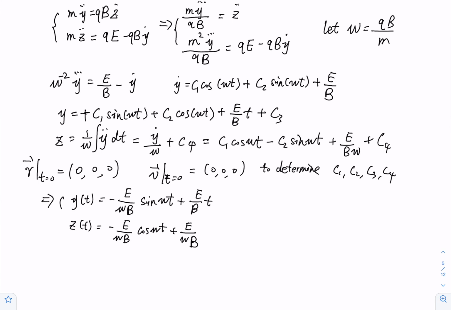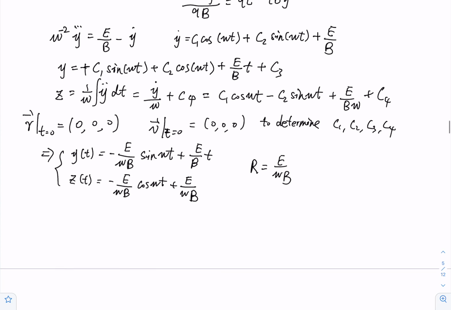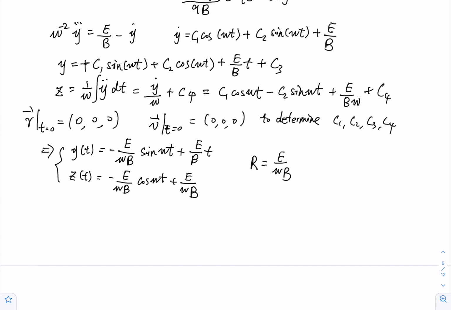So now this expression might not ring a bell to you, but we can try to take a more detailed look at it. Here we can define a constant R. Say that E over omega B is a constant R, and then we can simplify these equations.